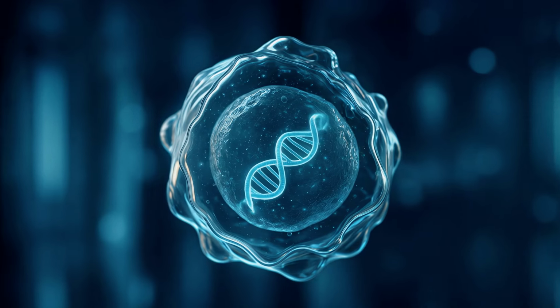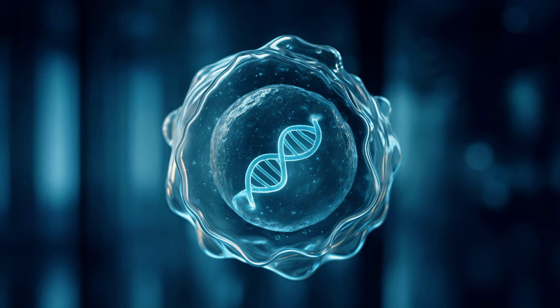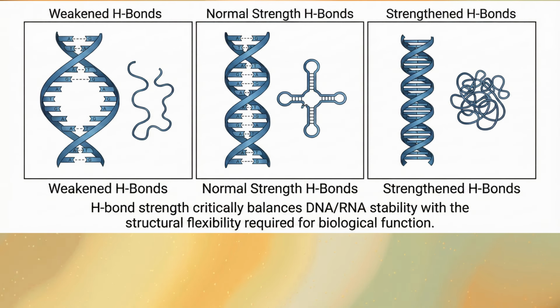Does the H bond affect that? The strength of the H bond is again critical in the functioning of DNA and RNA. It's strong enough to keep the DNA stable, but weak enough to allow genetic exchange to create sperm and egg cells.